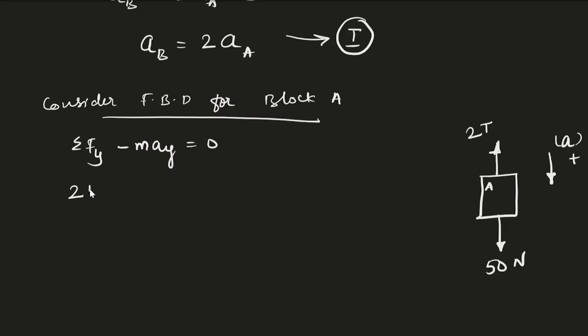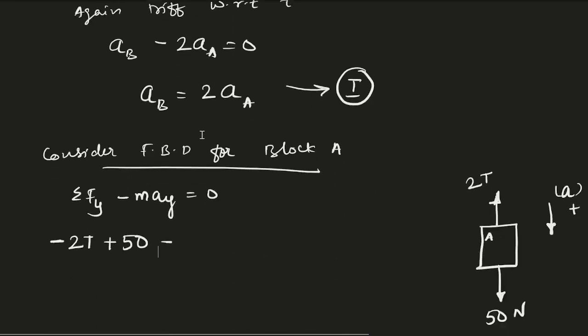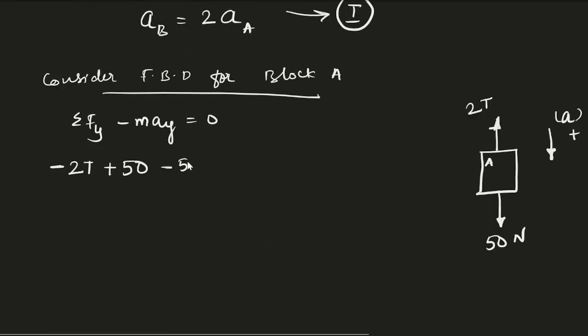We have 2T which is opposite to the direction of the block, that will be minus 2T, and we have 50 Newton acting downward, so plus 50, minus mass, which we have already calculated in the given data, mass of A is 5.01, into acceleration of A_y, right? So here we don't know the acceleration, so this will be a constant. So I'm writing it as A suffix A. So we will keep the equation in terms of A suffix A.